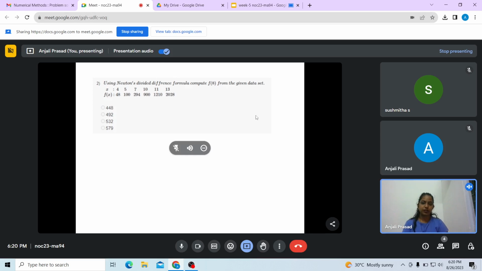Is there any doubt regarding the formula? Just substitute the values and we'll get the value of f of x.